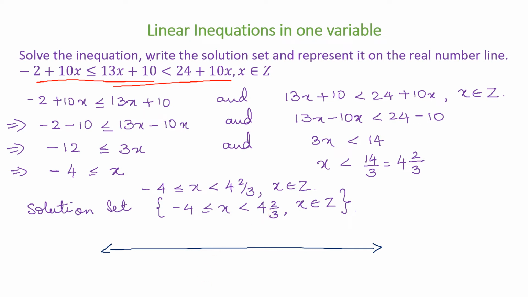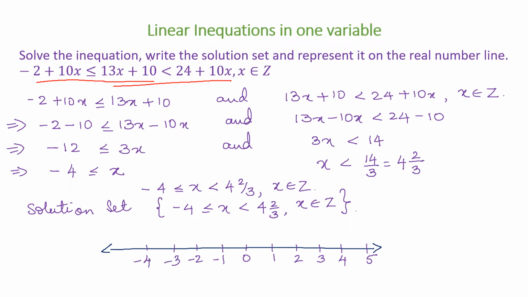So from 0, I'll go 1, 2, 3, 4 and 5. And here this is going to be minus 1, minus 2, minus 3, minus 4.